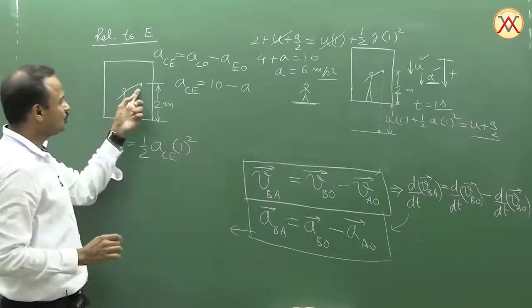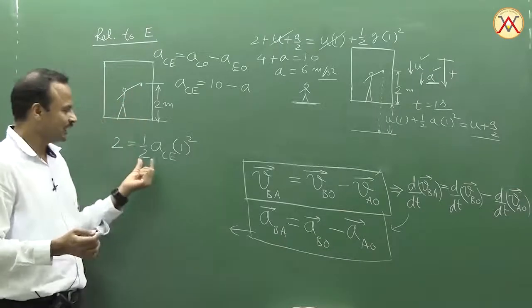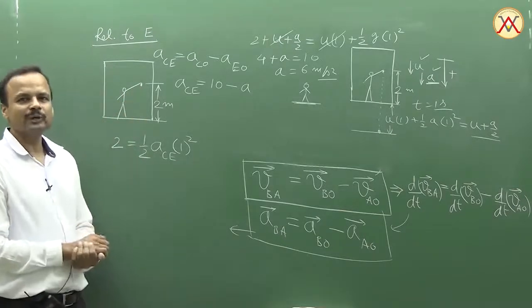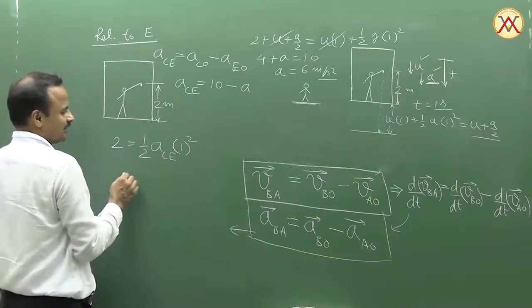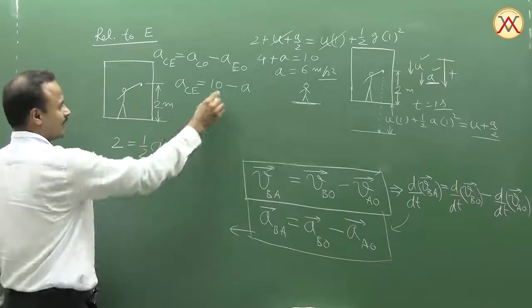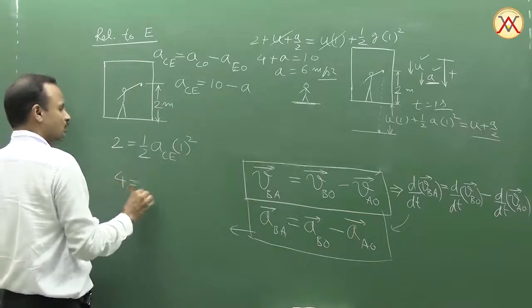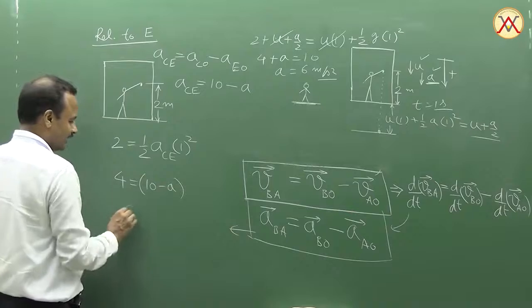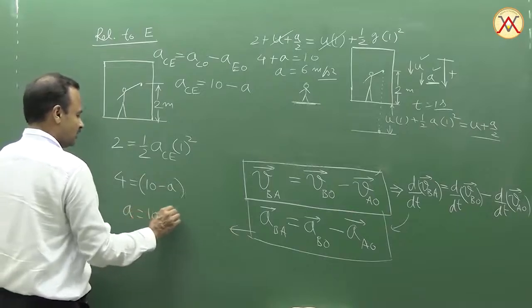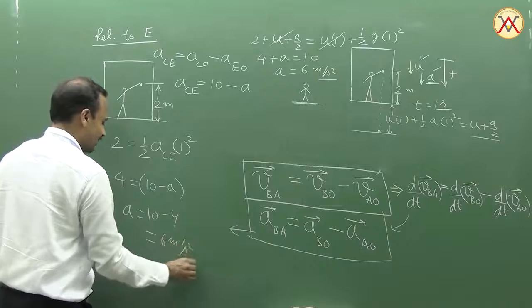Remember, u of the coin with respect to the elevator is 0, so that ut term will not appear here. So the acceleration a_CE I can put as 10 minus a. I take this 2 here. So 4 is equal to 10 minus a, and I get a equal to 10 minus 4, equal to 6 meters per second square.